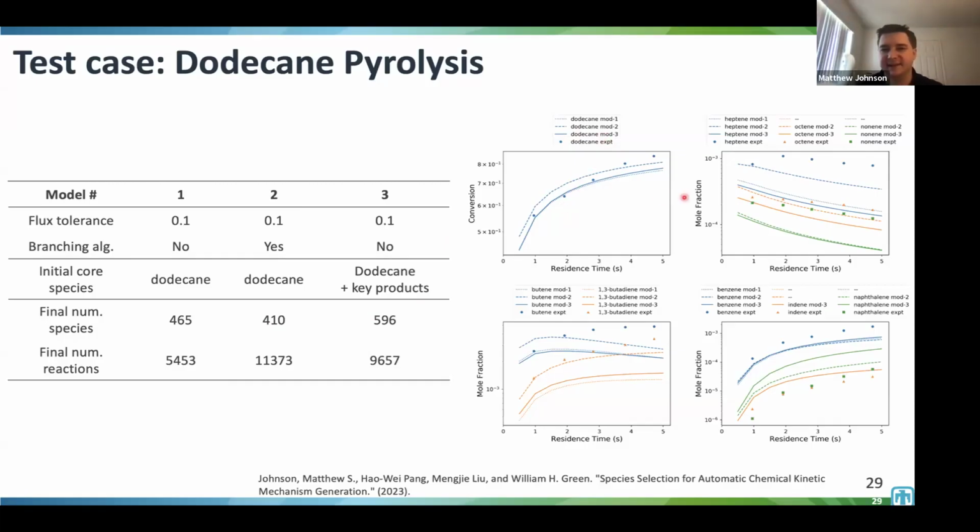You can see that in many of these cases, we get significant improvements, improved agreement associated with that dashed line here, when using the branching algorithm versus letting RMG run. We also found that it found a lot of species that normally had to be added manually to RMG for RMG to find them.